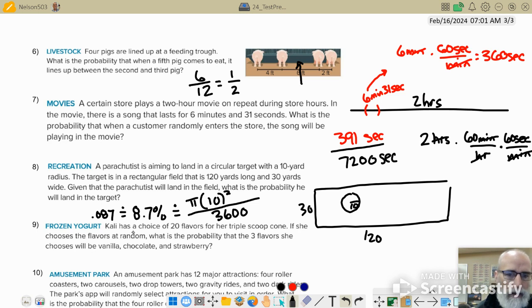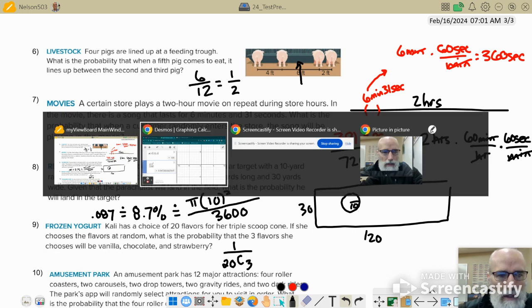All right, Callie has a choice of 20 flavors. She gets 3 scoops. She wants the vanilla, chocolate, strawberry in any order on a triple scoop cone, right? So she's happy with one particular group of 3. So I'm going to put down 1 as her favorable, one group of 3. We want to know how many groups of 3 we can get. So if we ask 20 choose 3, it's going to tell us how many groups of 3 out of 20 flavors.